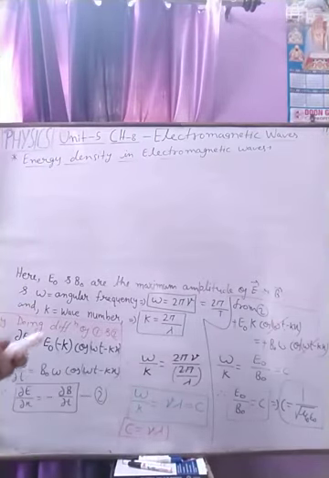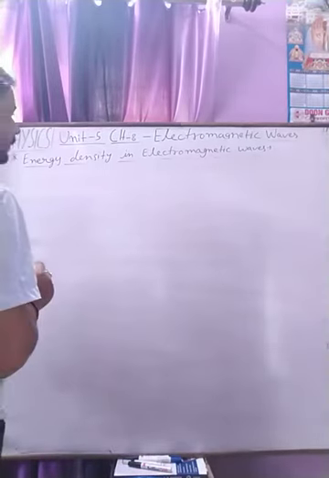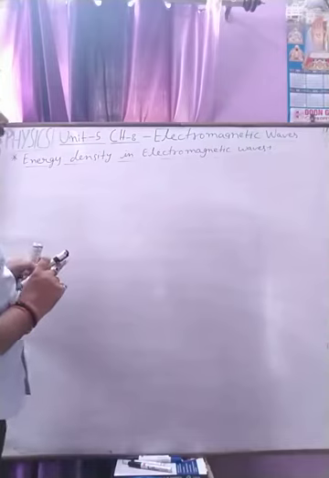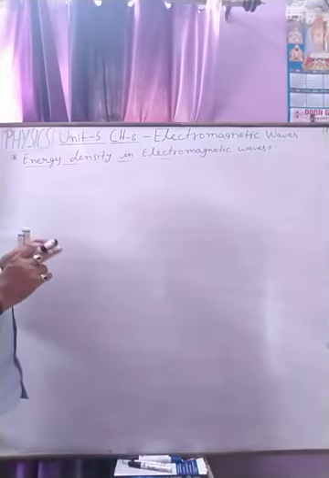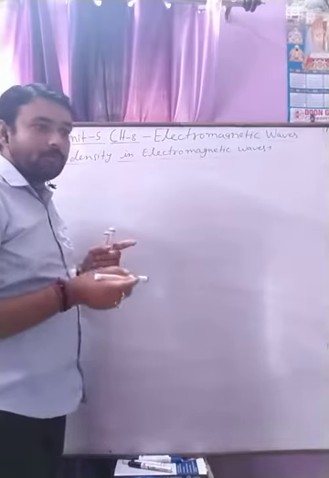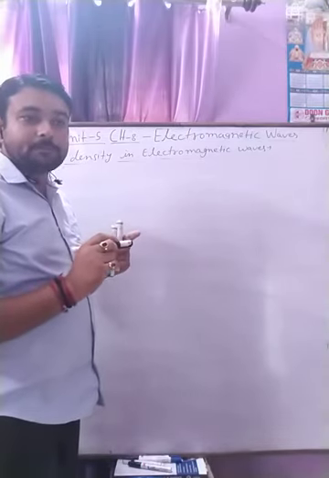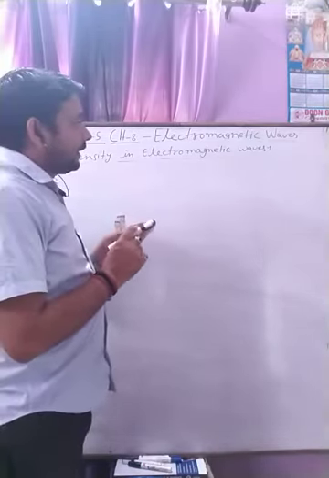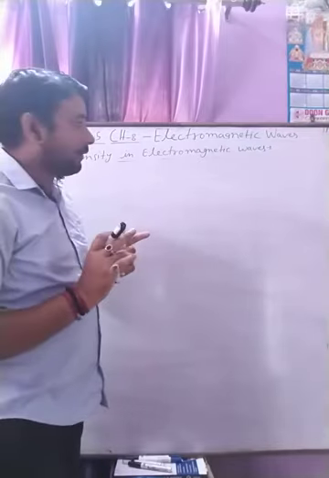Okay, we know that the total energy of electromagnetic wave is given by the sum of the energy of electric field vector and energy of magnetic field vector.